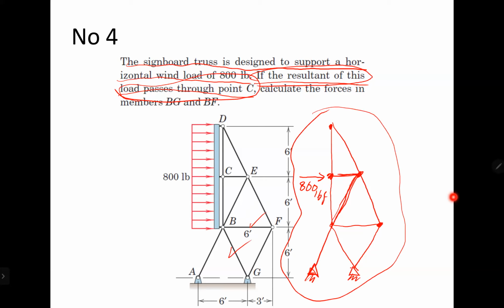Yes, sir. I cut it at that point. Then what is the problem? The variable, sir. Just now the question is BF and BG, right? Why can't you solve this particular problem?